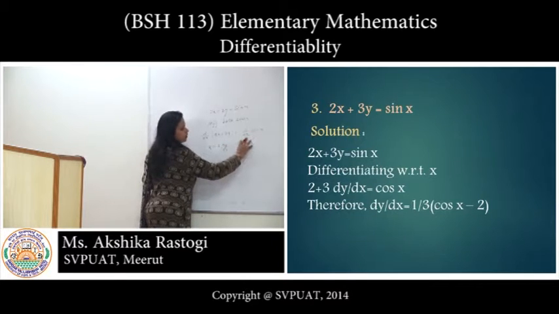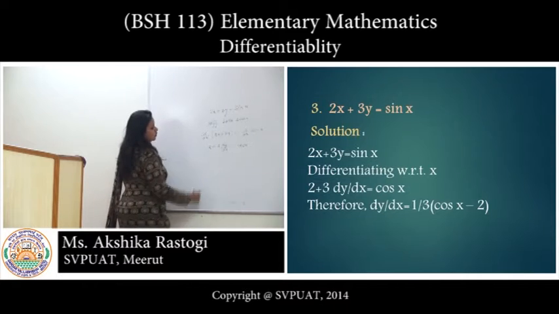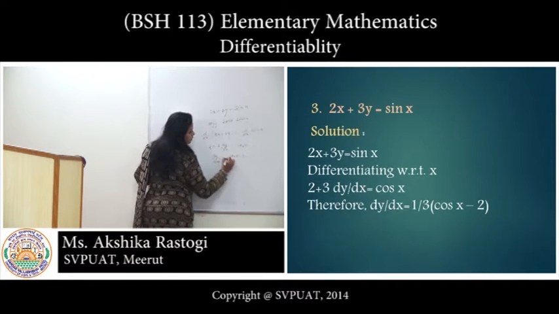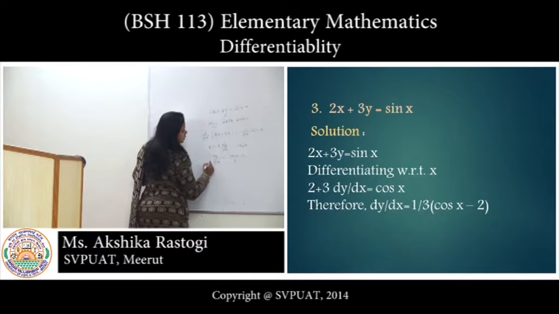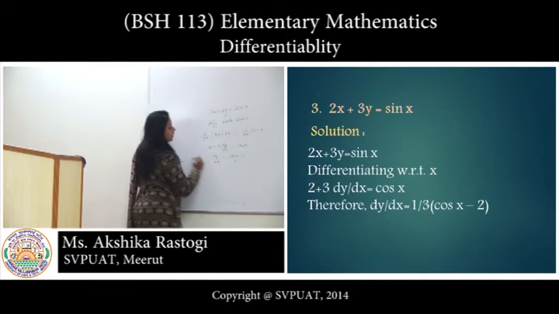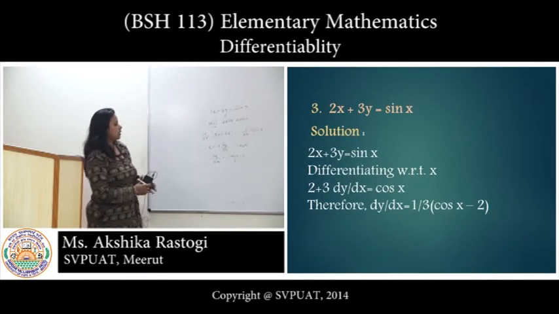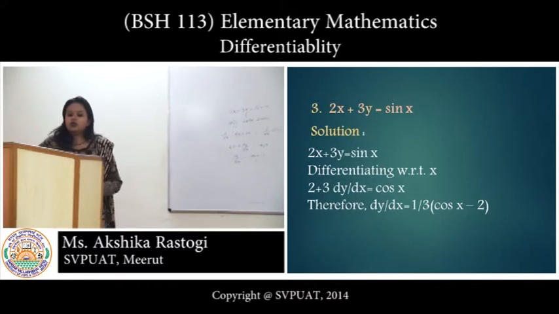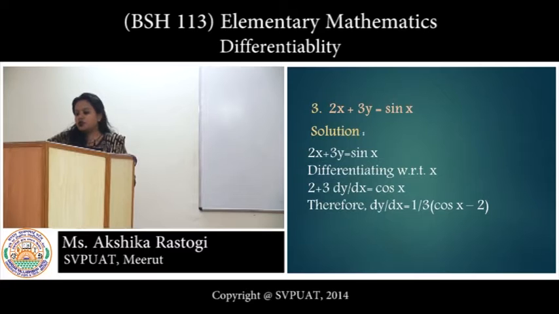And the differentiation of sin x is cos x. So 2 will go to the other side, and the value of dy over dx for this equation is (cos x minus 2) upon 3. This is the way we solve the whole equation.